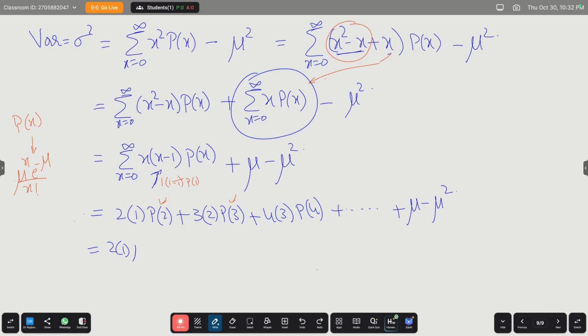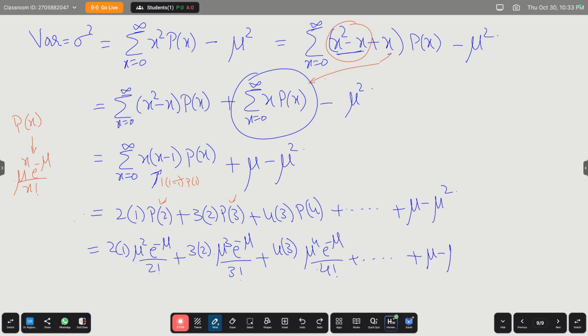P of 2 means mu power 2 e power minus mu divided by 2 factorial, plus 3 into 2, p of 3. P of 3 means mu power 3 e power minus mu divided by 3 factorial, plus 4 into 3, p of 4. P of 4 means mu power 4 e power minus mu divided by 4 factorial, and so on, plus mu minus mu square.